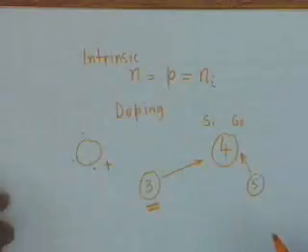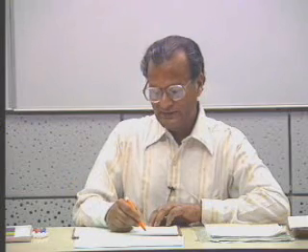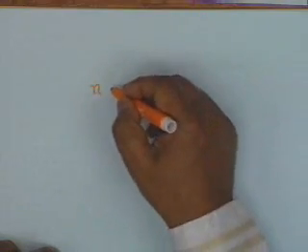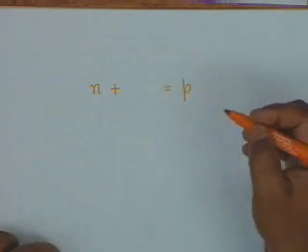And as I had told in the tutorial class, one of the equations that holds good under doping is that the total positive charge should be equal to the total negative charge, because as a whole the semiconductor is neutral, which means that if I dope a semiconductor with both types of impurities, that is acceptor as well as donor impurity, then the total negative charge should be equal to the total positive charge.